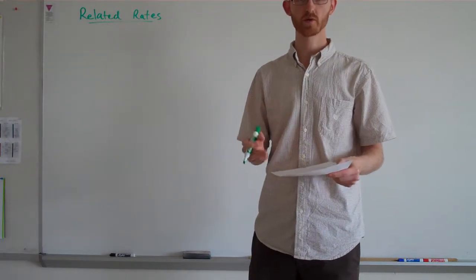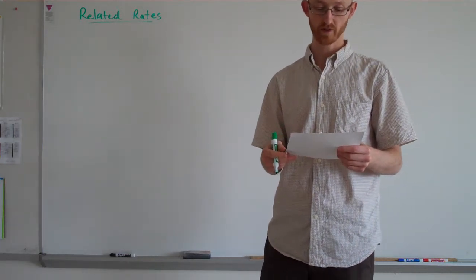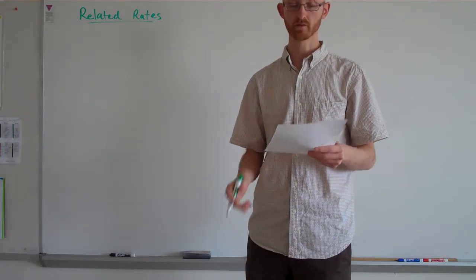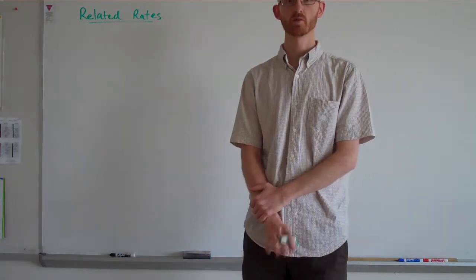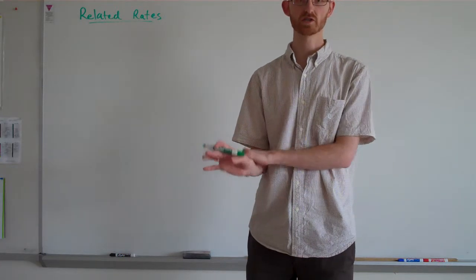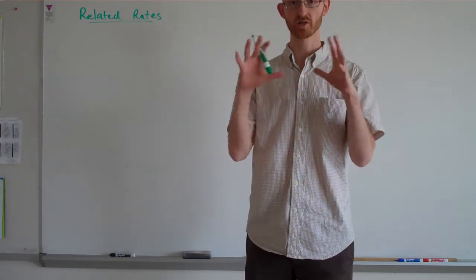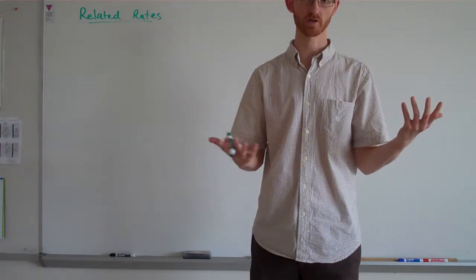The fourth step is to differentiate each side implicitly. The fifth step is to substitute in everything you know from the given information. And then the last one is to solve for the rate of change. The basic idea is this. We need to take into account the information that's given to us, come up with some equation that unites all of those things, and then of course take derivatives, because rates of change are derivatives.